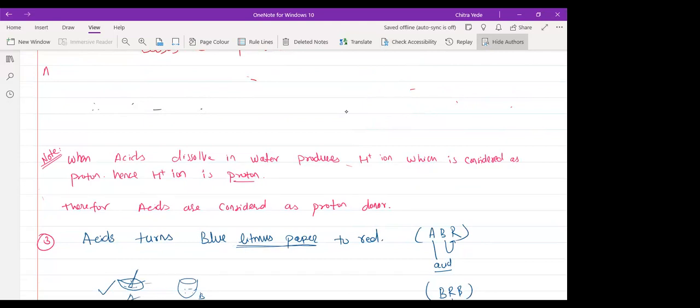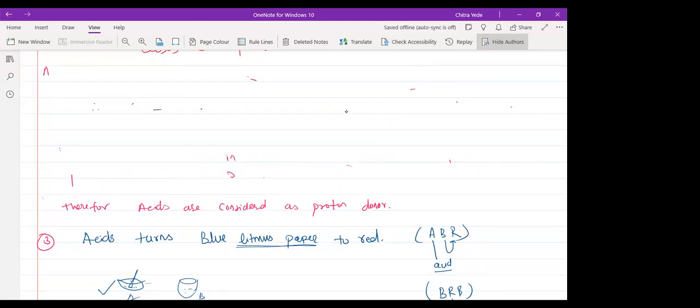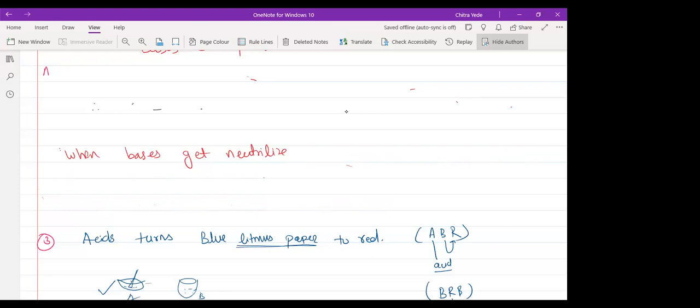Note: when a base gets neutralized with acid, it accepts a proton.